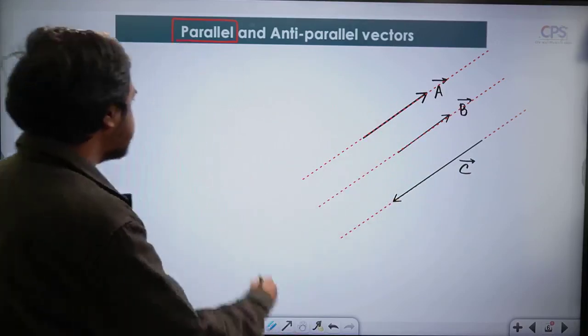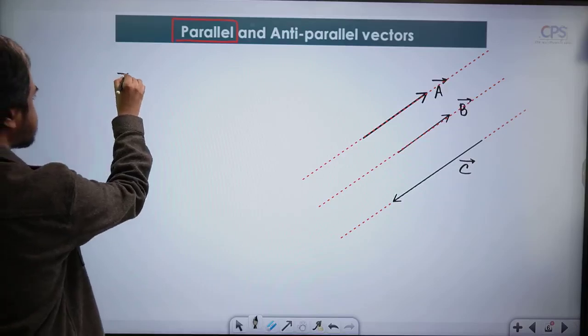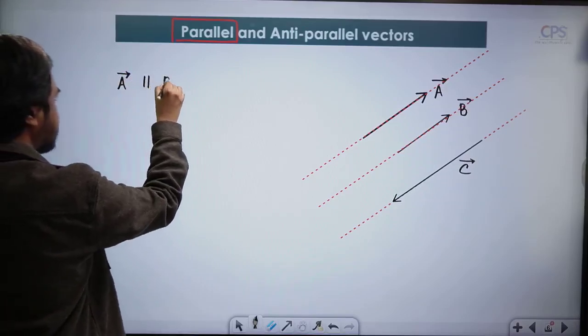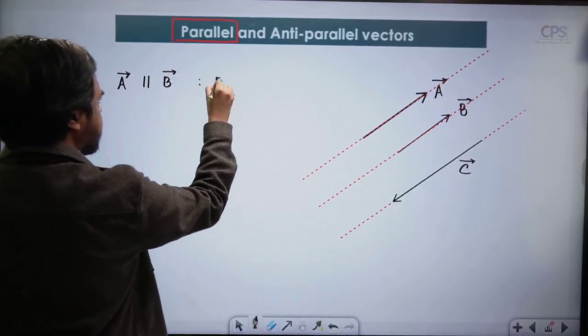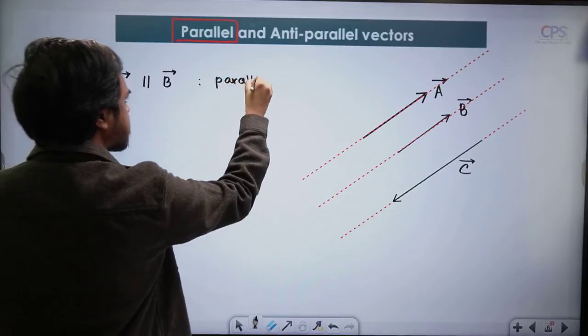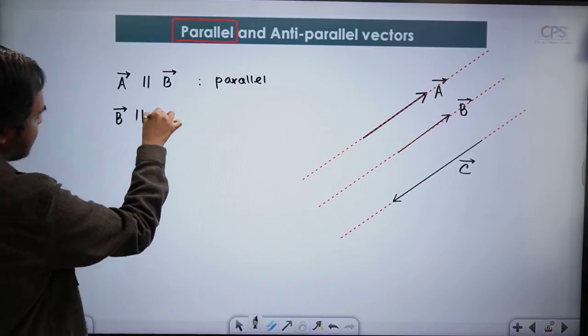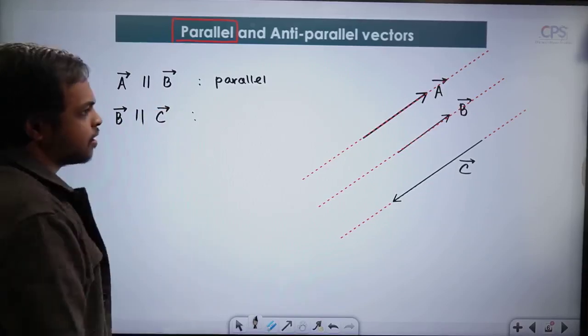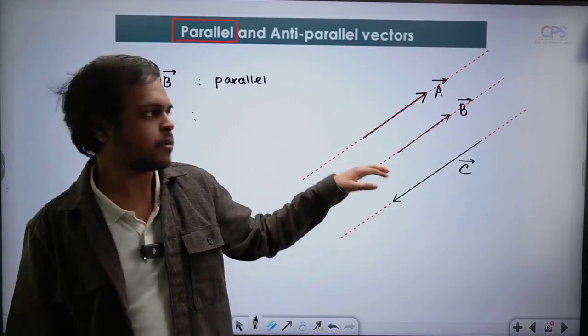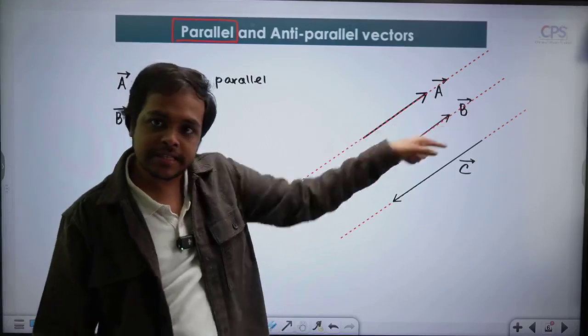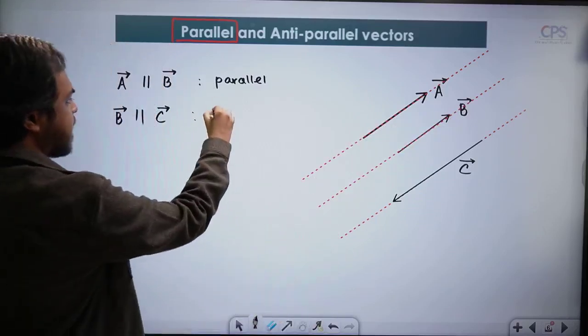From the figure itself, you can tell everything. A and B are parallel vectors. But B and C are on parallel lines as well, but in the opposite direction. B is heading this way, C is heading this way. So this is anti-parallel.